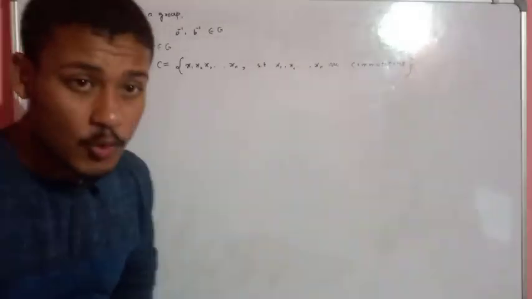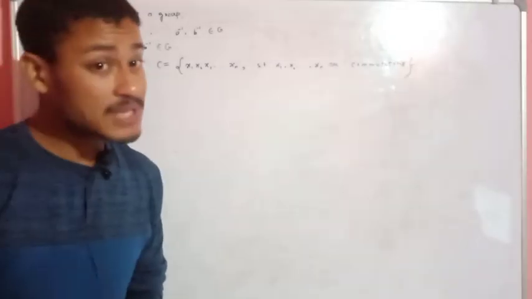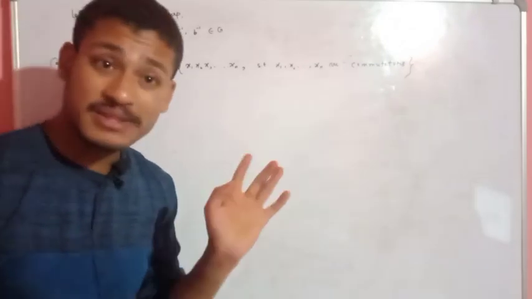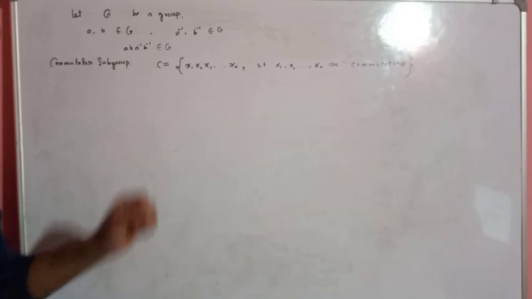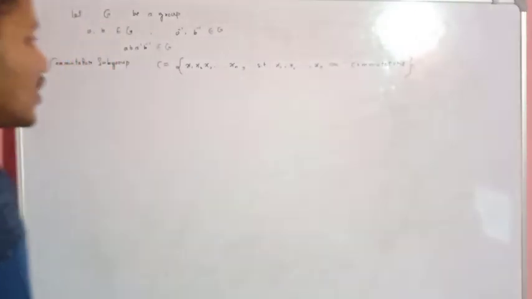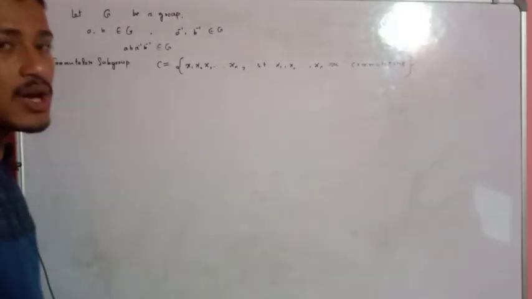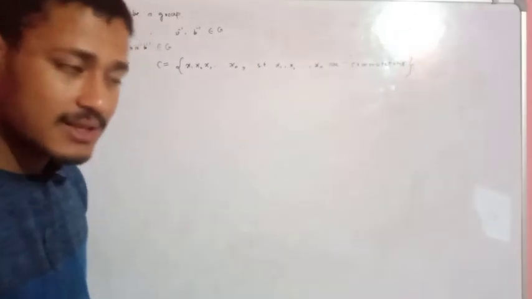You can use the one-step subgroup test or the two-step subgroup test. So you can use these two types of subgroup tests. First of all, we use the one-step subgroup test.